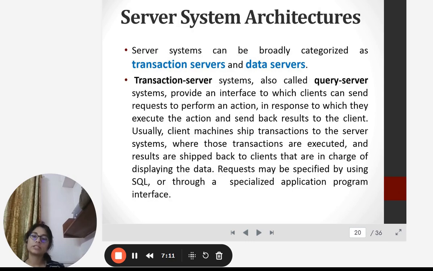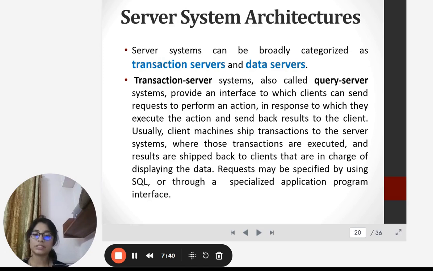Server system architectures. Server systems can be broadly categorized as transaction servers and data servers. Transaction server systems, also called query server systems, provide an interface to which clients can send requests to perform an action, in response to which they execute the action and send back results to the client.